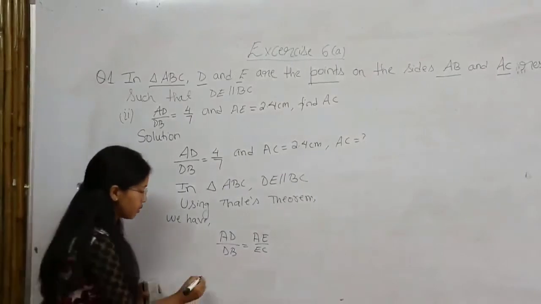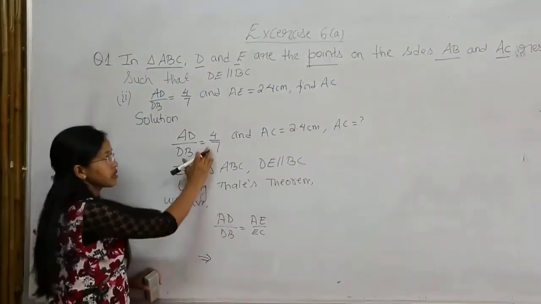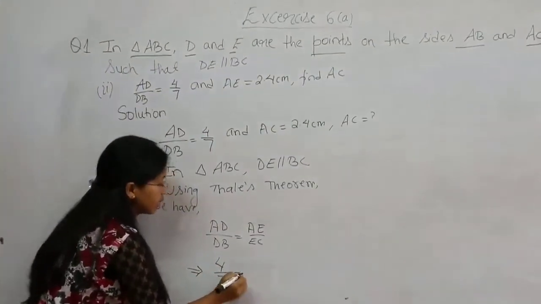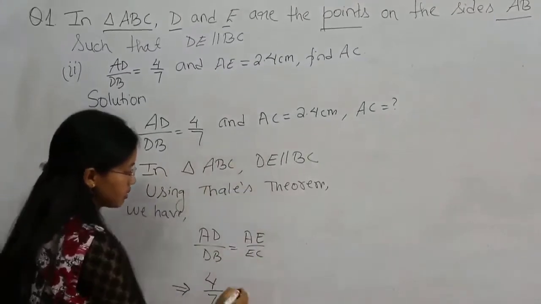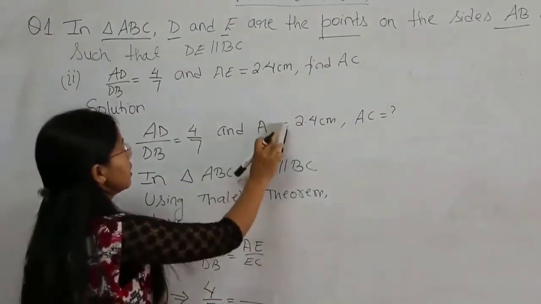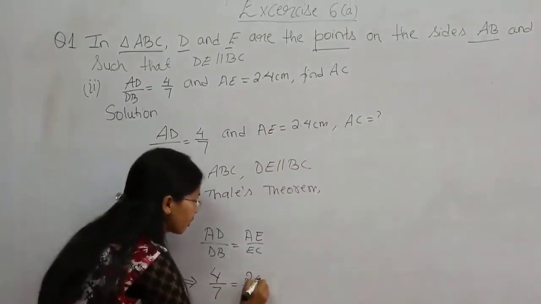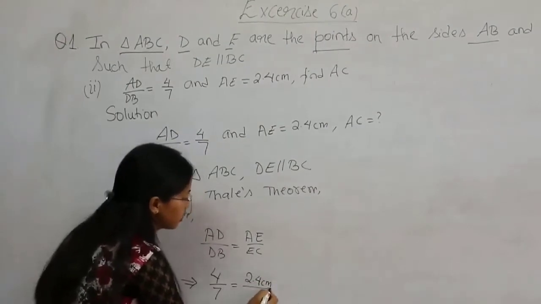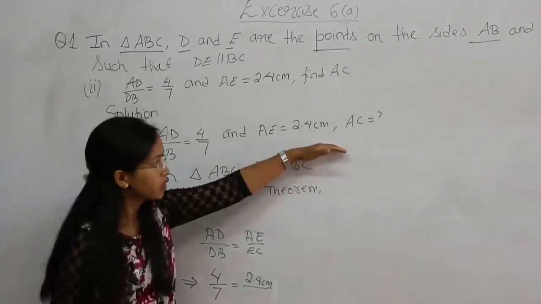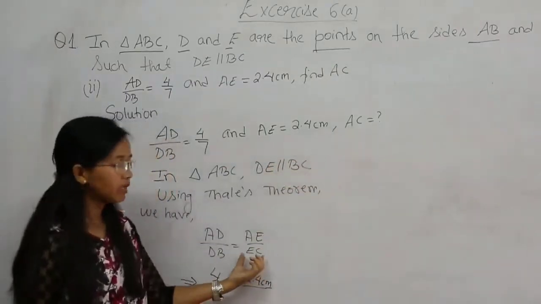Alright. So let us replace the value here. We are given AD by DB is 4 by 7. So this will be 4 by 7. AE by EC. AE is given to us. This is AE, which is 2.4 centimeter. EC. We don't have any EC here. You might be thinking, actually we are asked to find AC, but why EC?